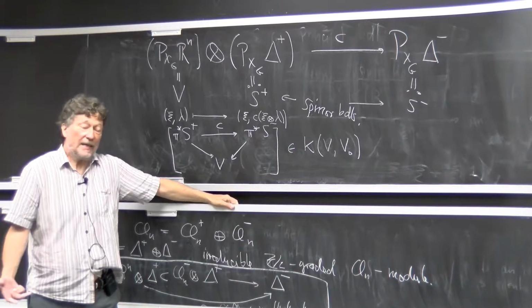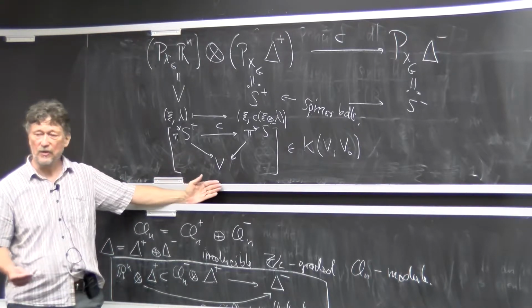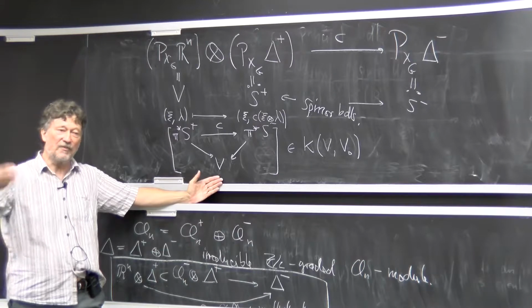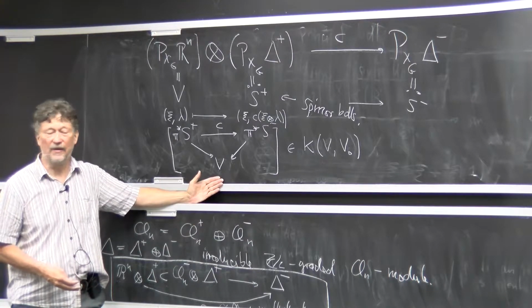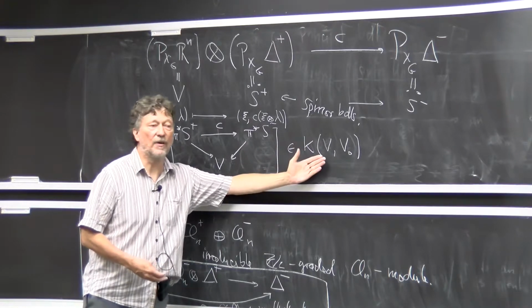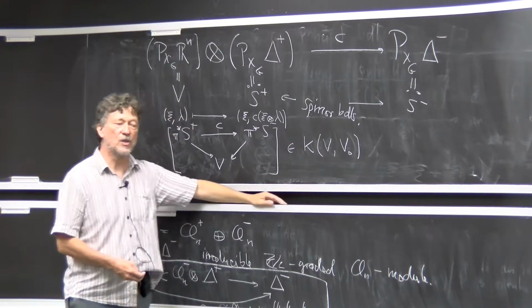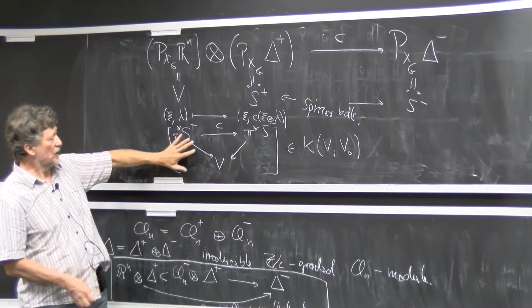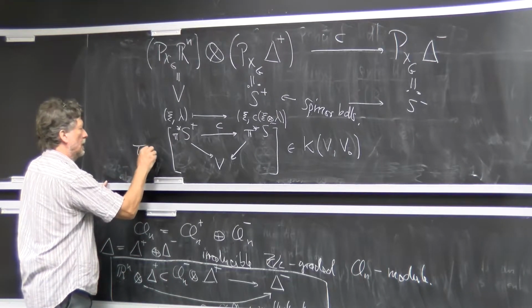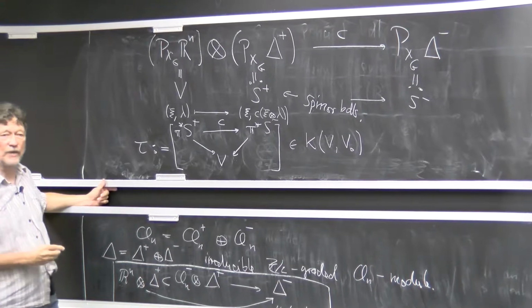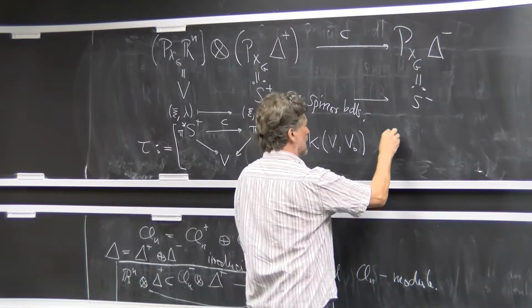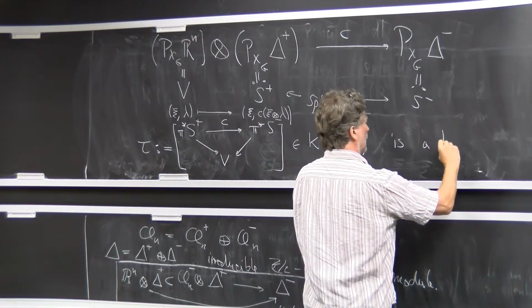By construction, what we did here was do in every fiber what we did before to construct the generator of the K-theory of Rn, Rn minus 0. So the restriction of this particular tau to each fiber is going to be the generator. So this is a Thom class, so it is a K orientation.